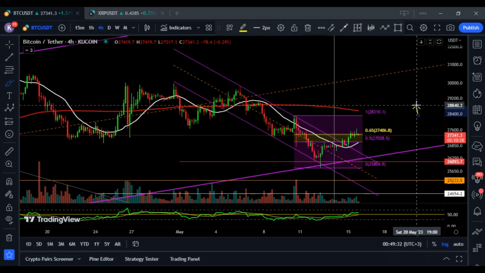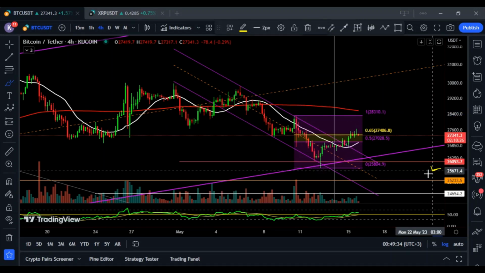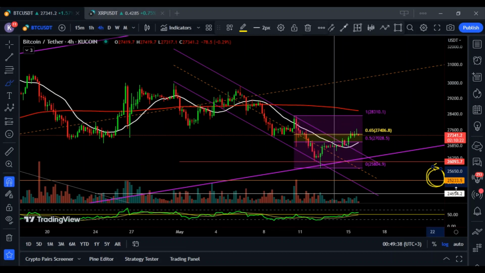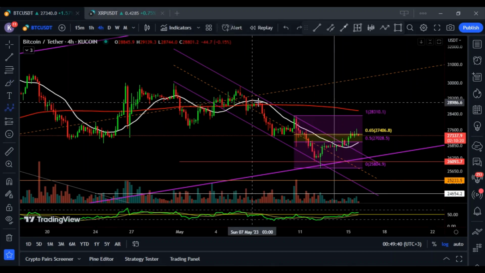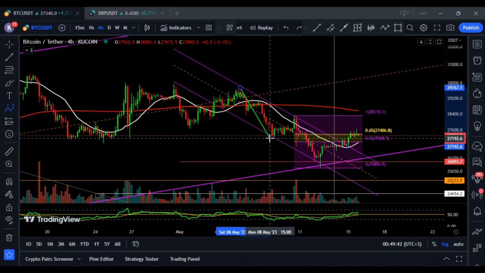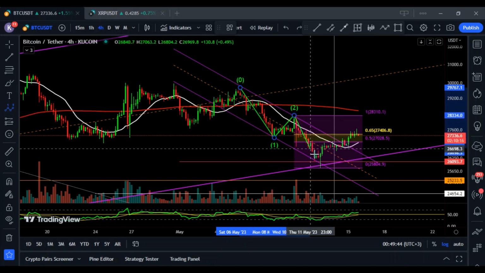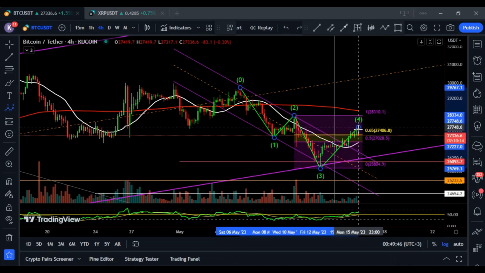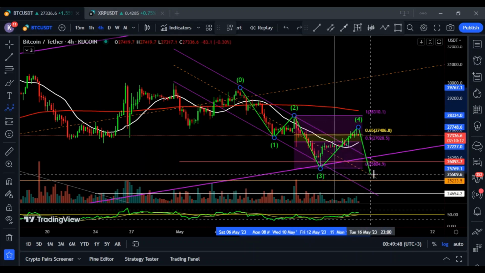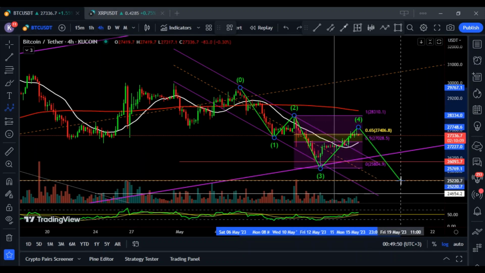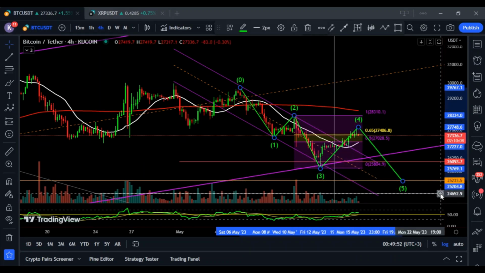What is 25,300? This level, 25,233. And we were just talking, if this is to play out, and then 5 under 3, around this area, then this is only logical even on the weekly.